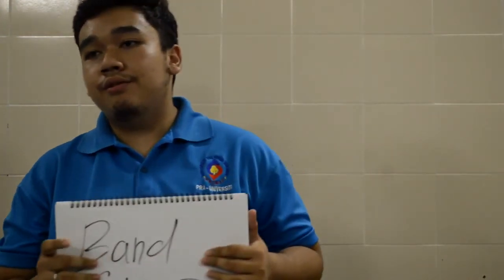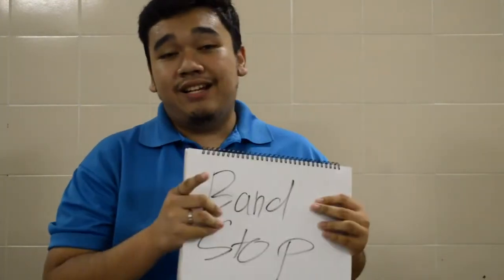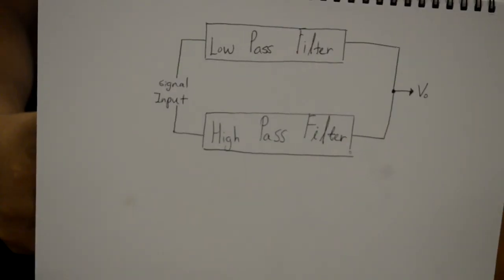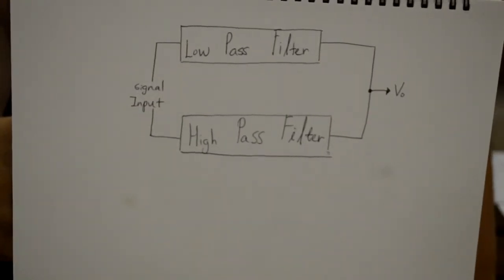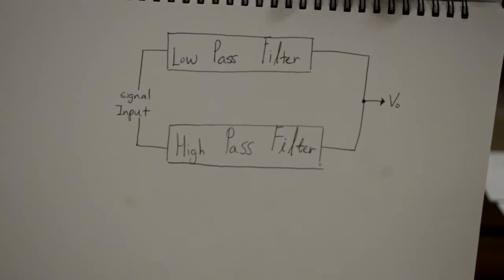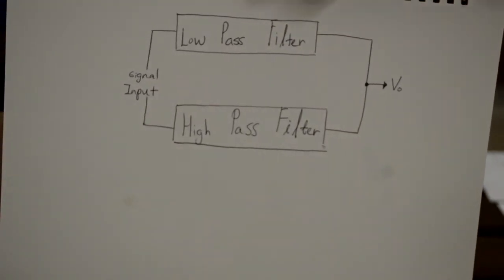Band stop is a filter that passes most frequency through it, but attenuates a specific range of frequency to a very low level. Band stop is technically a combination of a low pass filter and a high pass filter, but this time it's connected in parallel.